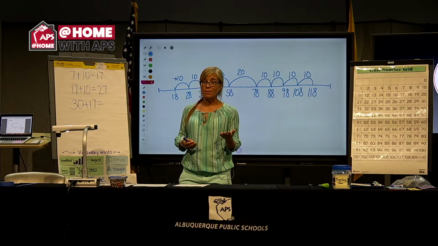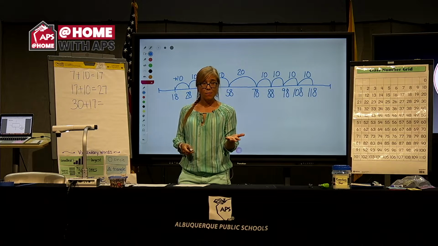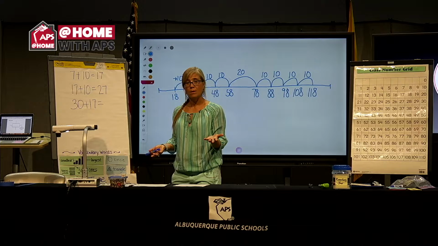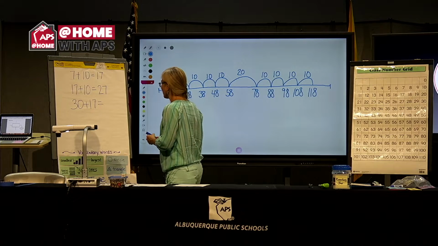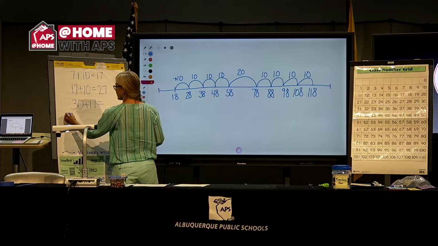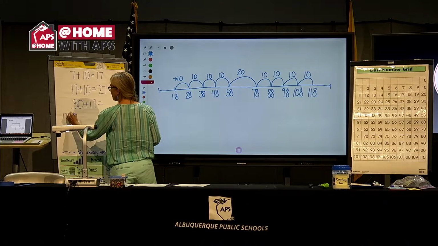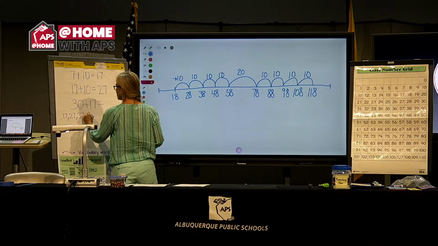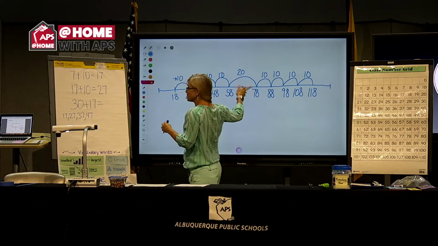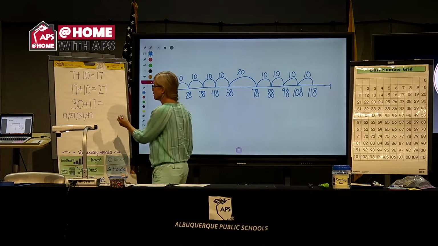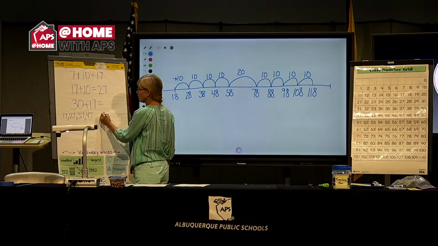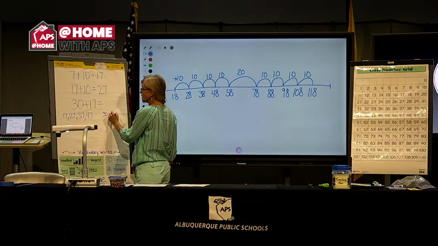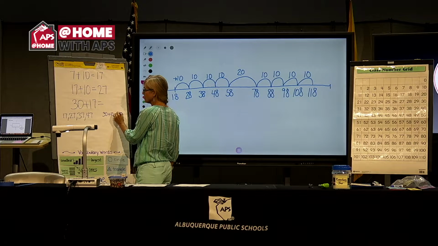Or I could start at the 30 and add a 10 to get 40 and add 7 more. What do I get? I still get 47, right? So I could think about 17, 27, 37, 47. Those are almost like jumps on my number line, huh? Or I could think about 30 plus the 10 from the 17 is 40, and then add my 7 back in.